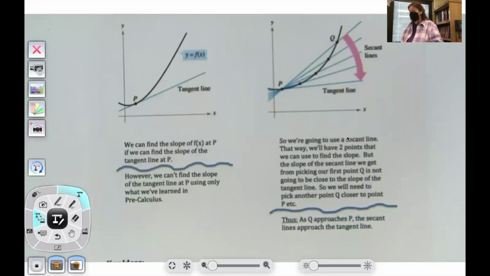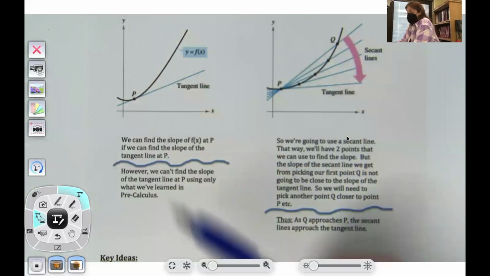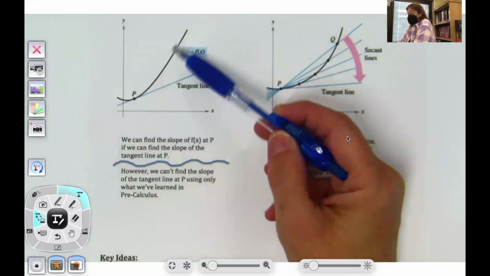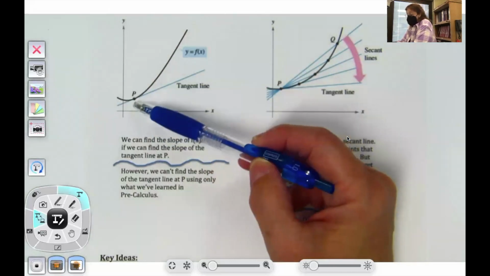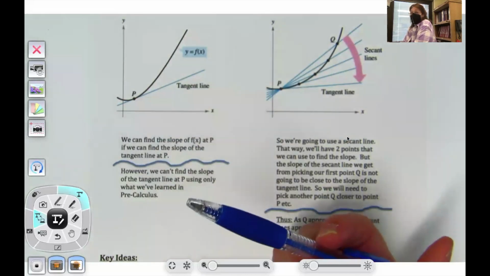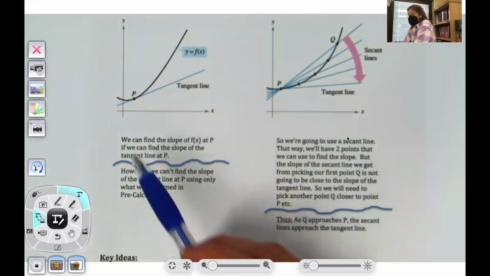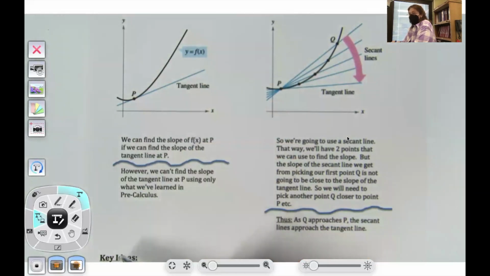So, picture on the left, right here. I've got some random curve, f of x. Let's say at that point P right there, I can draw a tangent line. If I'm just using a straight edge, I can draw the tangent line there, right? Now, with pre-calc and just that information, can I find the slope of that line?